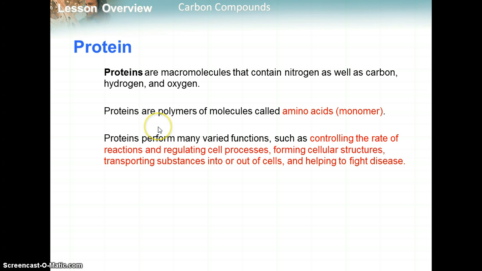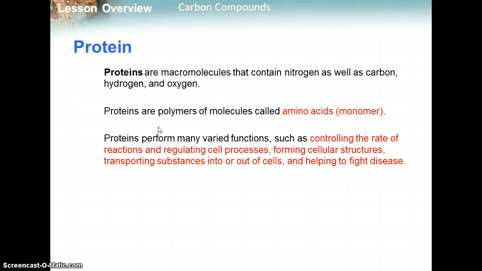So proteins have a lot of important functions. We're going to be talking about how they are what enzymes are made out of, and in this unit, enzymes help control the rate of reactions and regulate cell processes. So proteins are responsible for that because, again, enzymes are made out of proteins.